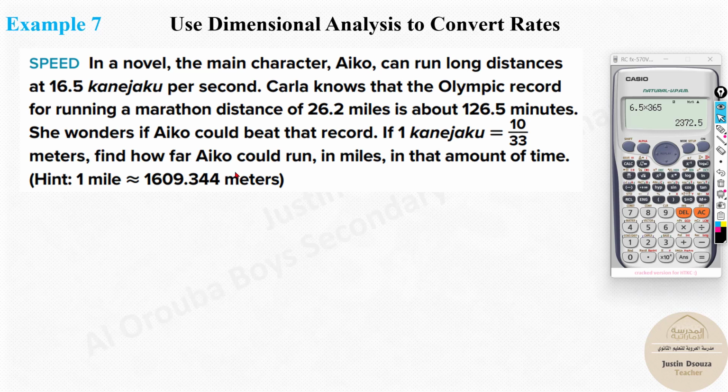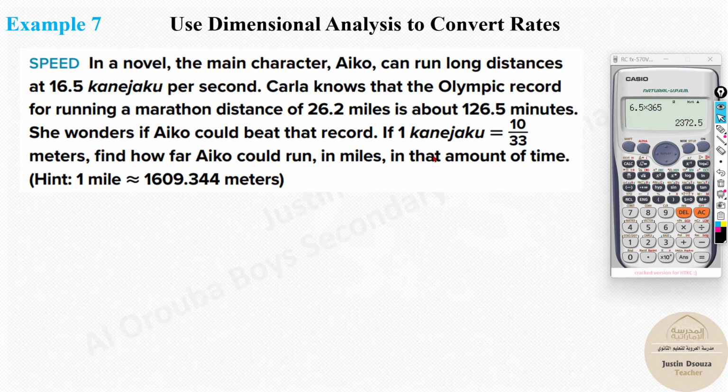She wonders if Aiko can beat that record. If 1 kanejako is equal to 10 by 33 meters, find how far Aiko can run in miles in that amount of time. Okay, 1 mile is 1.6 kilometers or 1,609 meters.